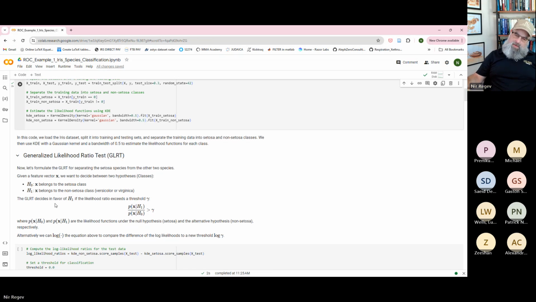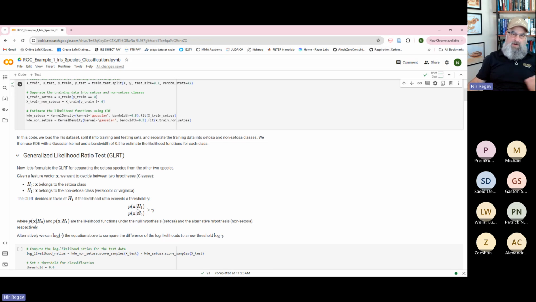And we are comparing these two hypotheses, in a way, the ratio between them. So we take a new measurement that we don't know which class it belongs to, and we plug it into the different probability density functions, and we evaluate the ratio. If this ratio is large, there is essentially a higher likelihood of it belonging to H1.